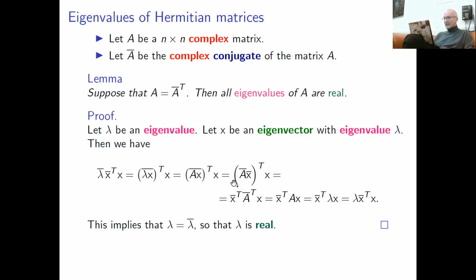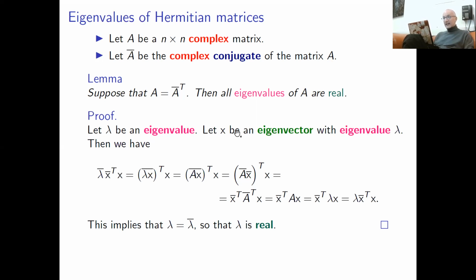Here is the proof. You take an eigenvalue, which is a complex number, and you want to prove that it's real. Real numbers are complex, but complex numbers are not always real. So we took its eigenvalue, a root of the characteristic polynomial of matrix A. We know there exists an eigenvector with eigenvalue lambda.